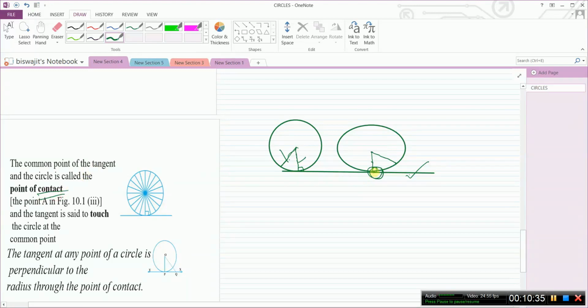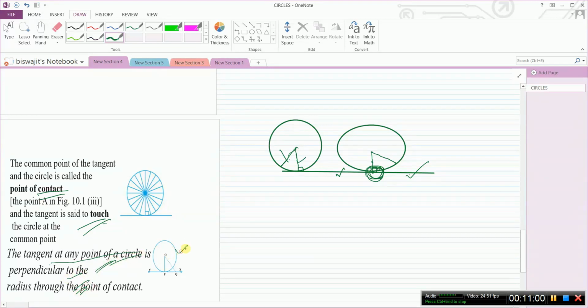This common point of the circle and the tangent is called the point of contact. Or we can say that the tangent touches the circle. Yes. And now lastly we are going to define: the tangent at any point of a circle is perpendicular to the radius.